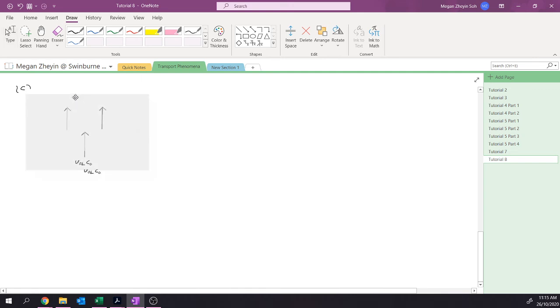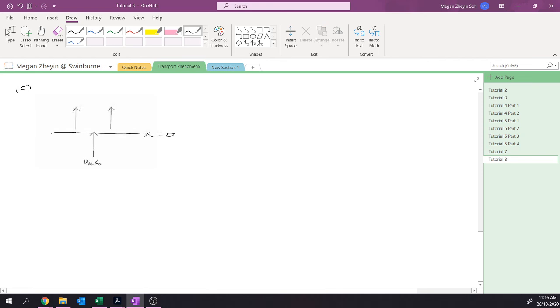So the question says to perform a material balance at the entrance to the column as follows. For the upstream, the transport of solution is mainly by convection. So for the upstream, only convection is available. At the column entrance where x equals to 0, two modes of transport are present. So this is your entrance part at x equals to 0.